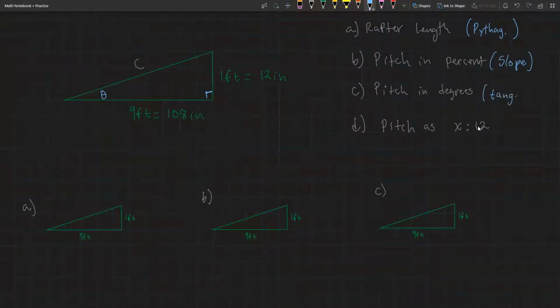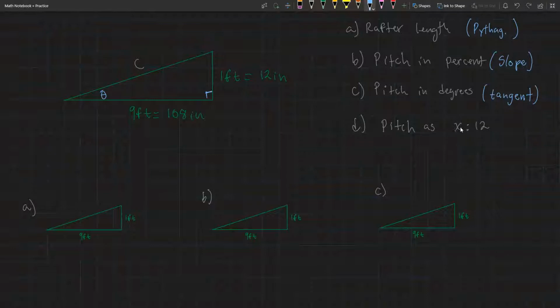When I say tangent, it does imply the ratio, not the idea of tangent lines. But I don't think it's a bad idea to revisit sine and cosine, because if you knew the rafter length and wanted to use that instead, you definitely could solve for theta using the rafter length and another side.